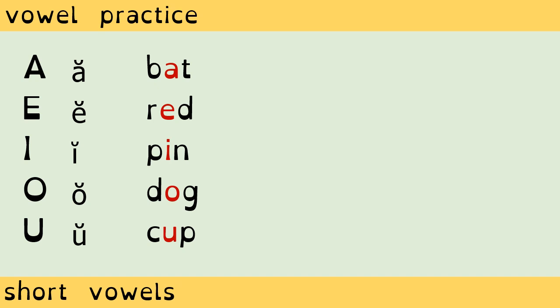With practice, this should become easier. But right now, the easy part is that there is only one rule for short vowel sounds. Remember that long vowel sounds have 3 rules. Short vowel sounds have only one.